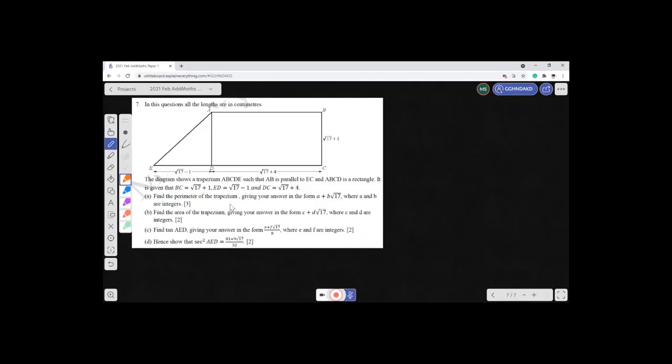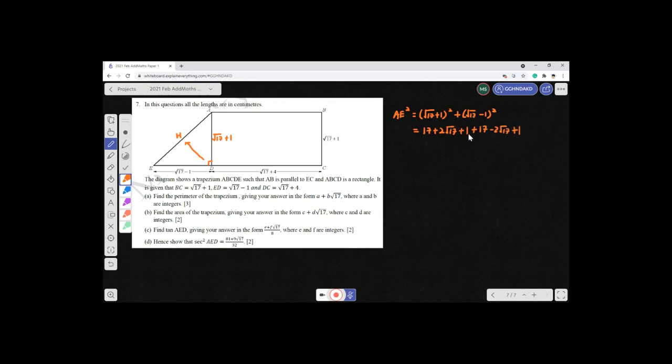How to find the perimeter? I need to find this hypotenuse by using the Pythagoras theorem. The height I already know, root 17 plus 1. So to find AE squared, it will be (root 17 plus 1) squared plus (root 17 minus 1) squared.